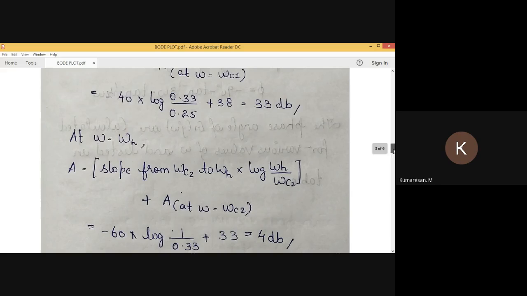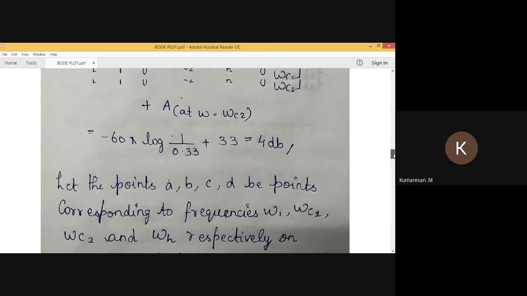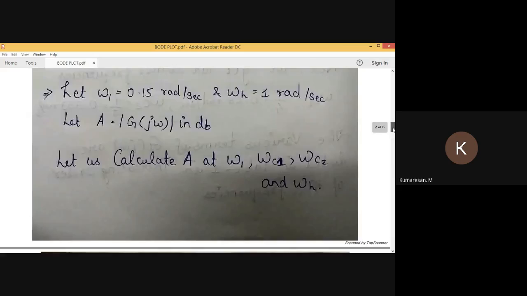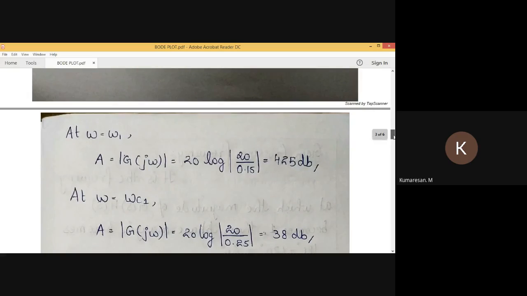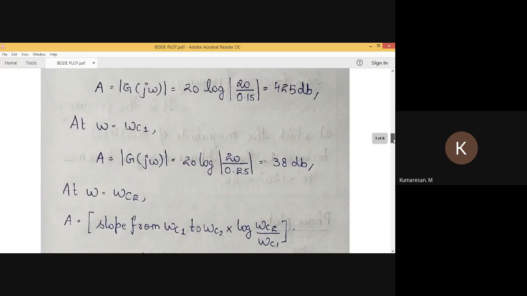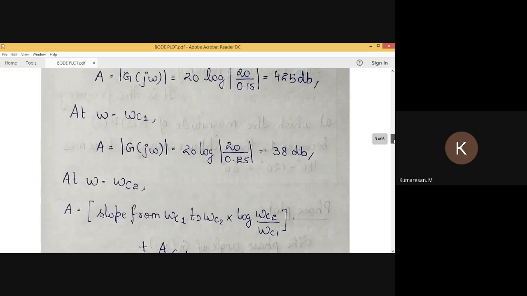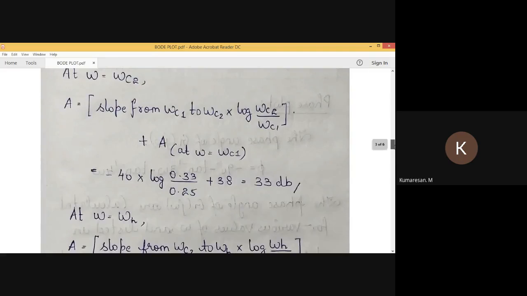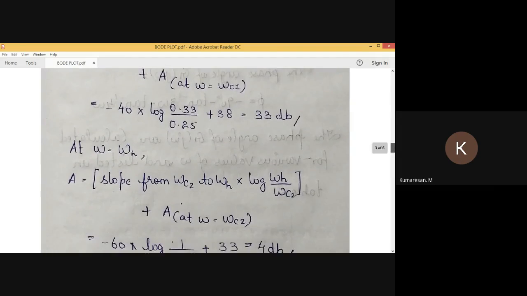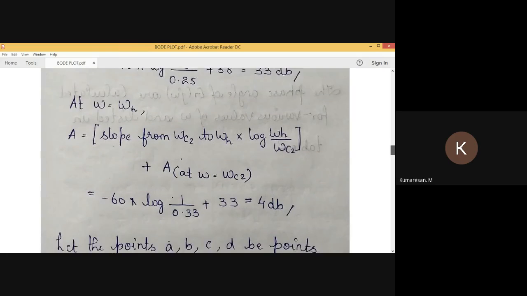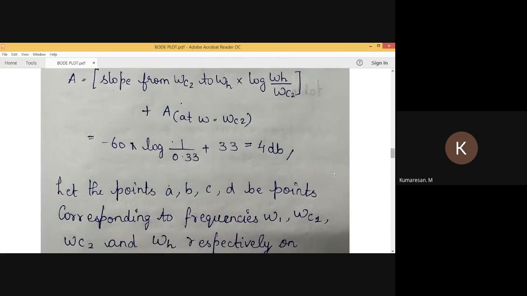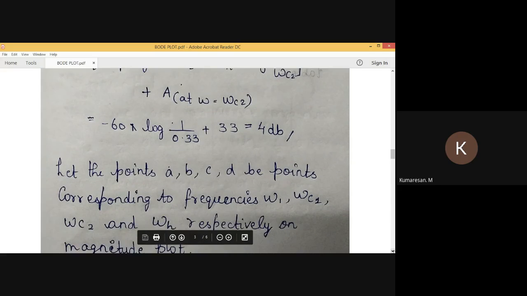With respect to these four frequencies we got the values: 42.5 for the lower frequency, 38 for the first frequency, 33 for the second frequency, then 4 decibel for the fourth frequency. So A, B, C, D are the decibel values we took, and from these we are going to draw the Bode plot.